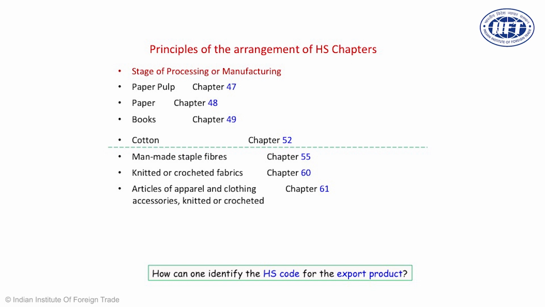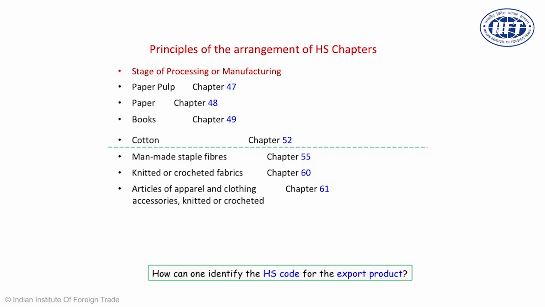That is, the less processed product would appear first and the final processed product would appear at the end. In a similar manner, we would find cotton, yarn, fiber, fabric and garment, the same order we followed.